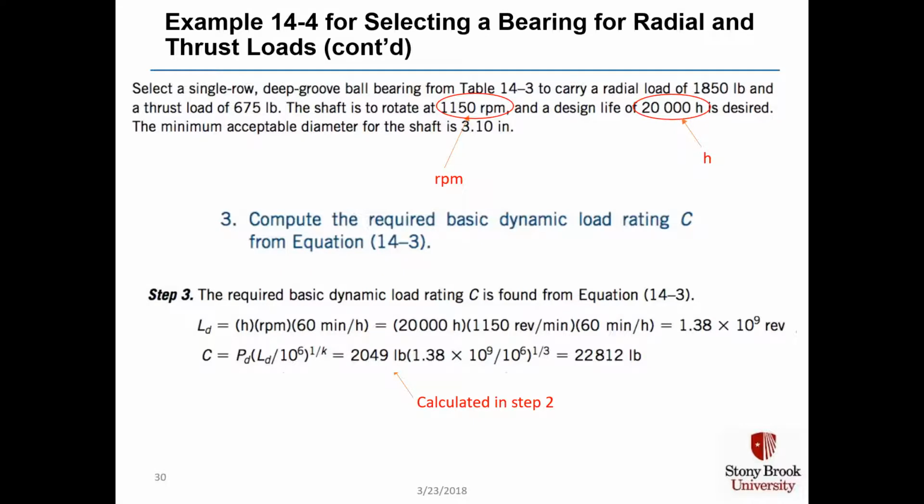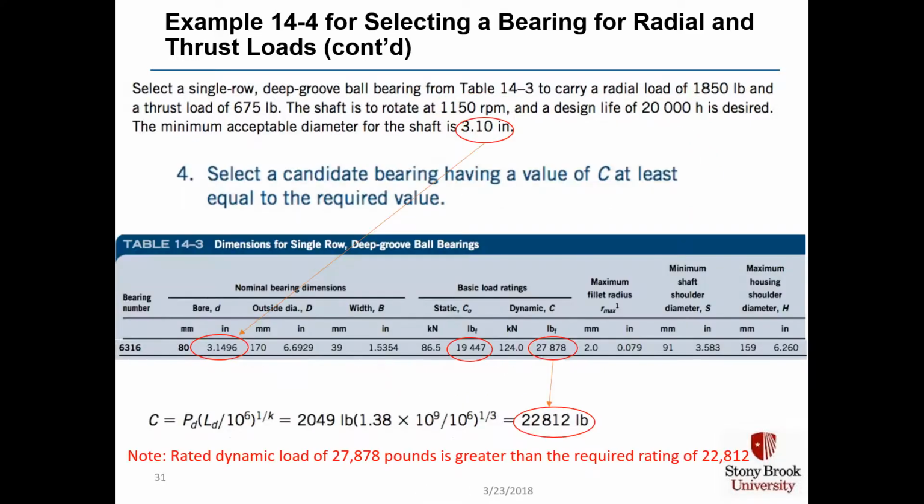P sub D was 2,049, calculated on the previous slide. L sub D is 1.38 times 10 to the 9th. Divide by 10 to the 6th and take that value in parentheses to the 1/3 power, because K equals 3, since the problem said that we're going to select a ball bearing. And we get 22,812 pounds.